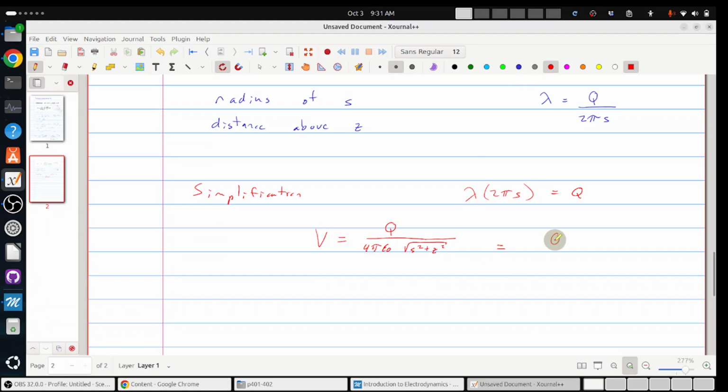And once again, I could express this as just r. Of course, since we know 1 over 4 pi epsilon naught is k, this reduces down to what I know. The potential above a uniform circle of charge is the same as if all of that charge was located at a point right underneath it.